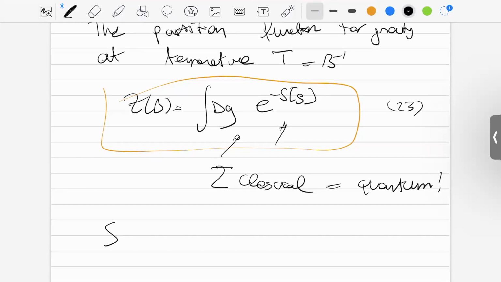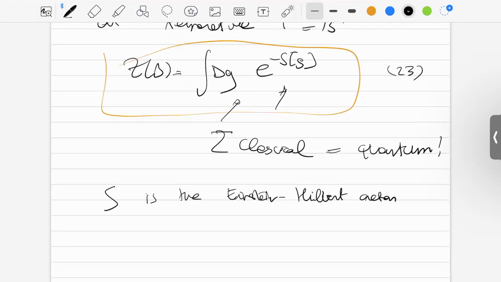So S has to be the classical action. What is the classical theory of gravity that we have? Well, Einstein's theory of gravity, so GR. So S is then the Einstein-Hilbert action, the action in Euclidean signature.